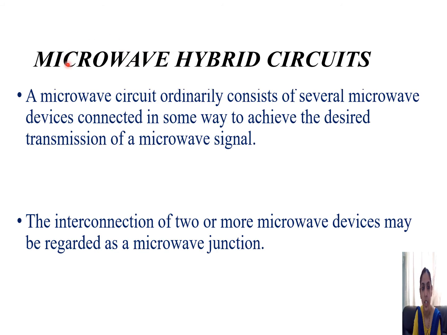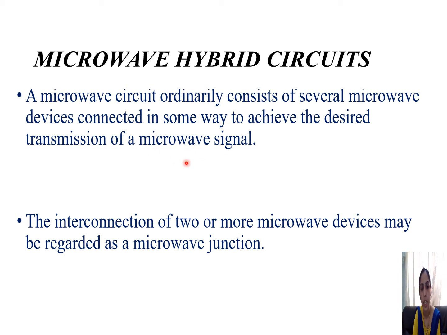Now coming to the discussion of microwave hybrid circuits. When we say a microwave circuit, it means that we are interconnecting several microwave devices in some way to achieve the desired transmission of a microwave signal. That is, sometimes it becomes necessary for us to split a microwave signal or to combine a microwave signal.